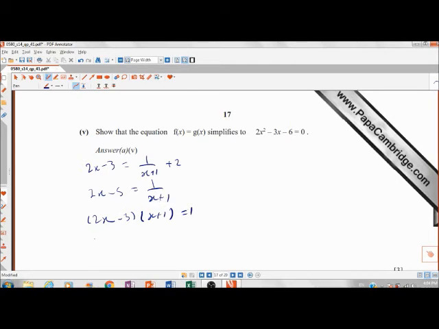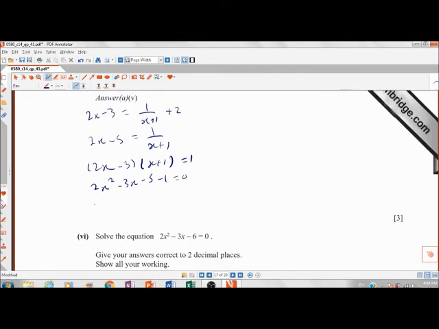Simplify that, take 1 to the other side. You'd get 2x squared minus 3x minus 5 minus 1 equals 0. So 2x squared minus 3x minus 6 equals 0. So shown.